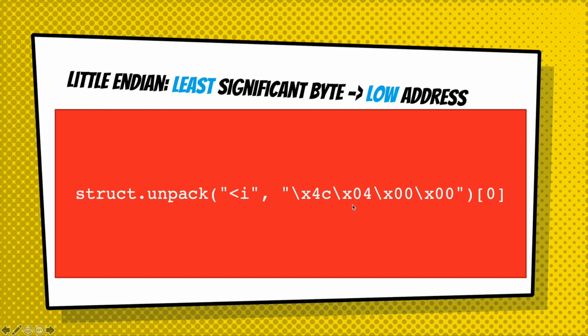The second argument of unpack is the string that will be unpacked through this function. And here, because unpack can actually convert a string to multiple integers or multiple elements, we're going to refer to the first element that is unpacked from this function, which will be 1,100. For more information regarding function struct.unpack and the format string, please refer to the Python manual.